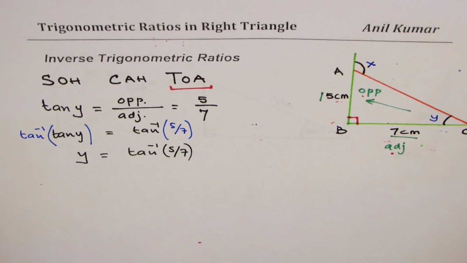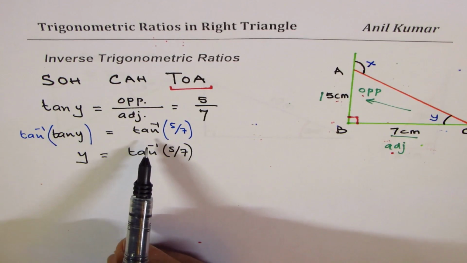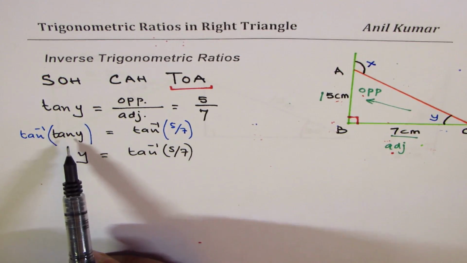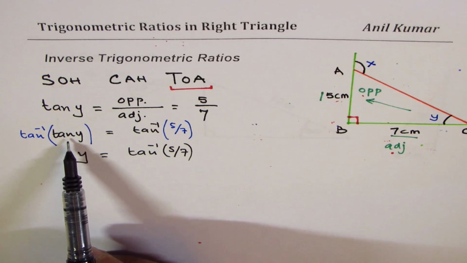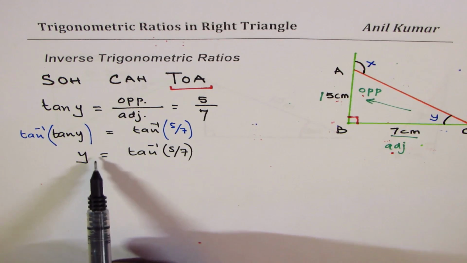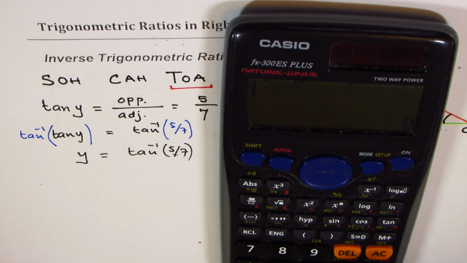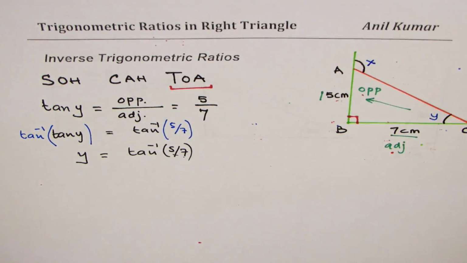So I hope this concept is clear. This is the only example where I'm going to write tan inverse. It's kind of understood from now onwards. Inverse means inverse operation. It nullifies the effect of tan, so you're left with only the angle y. And so y is tan inverse of 5 over 7. Now you can use the calculator and say shift, tan inverse, 5 divided by 7, bracket close, equals 35.53.